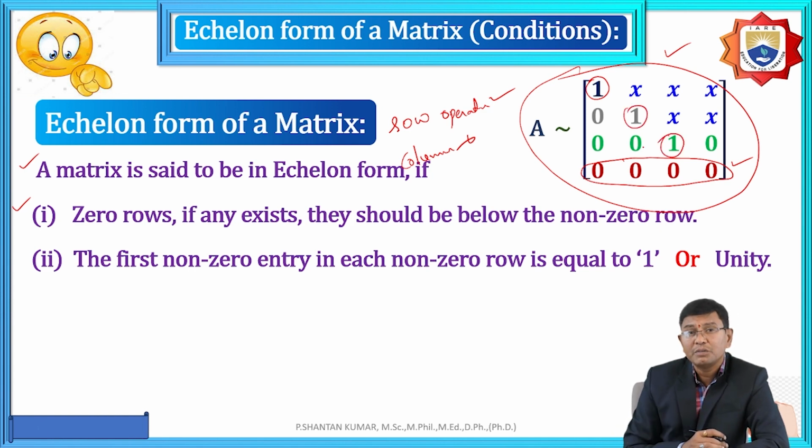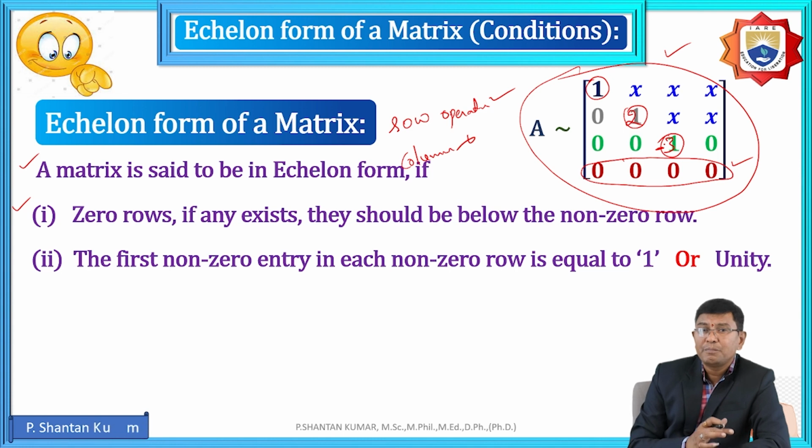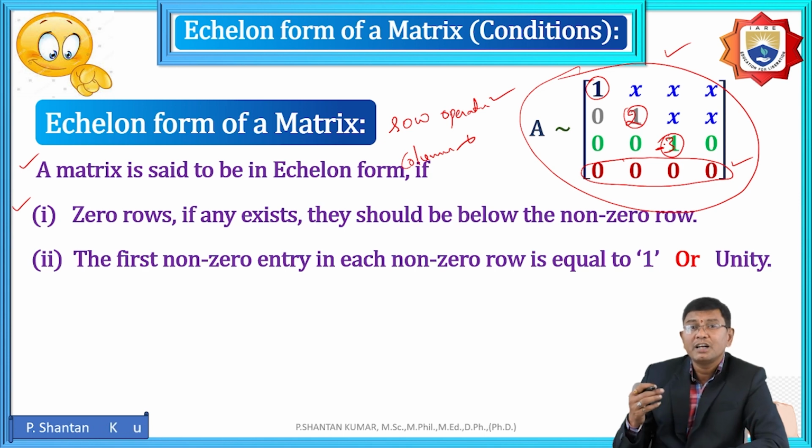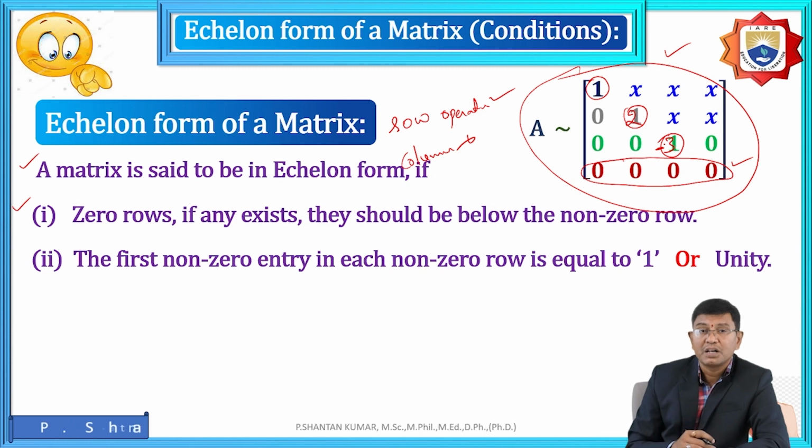The first non-zero element should be either 1 or any unity. It may be 1, or 2, or 3, or minus 3, whatever it may be. If 0 rows occur, we keep them in the bottom. If it is a non-zero row, the first non-zero element should be either 1 or unity. That we need to understand.